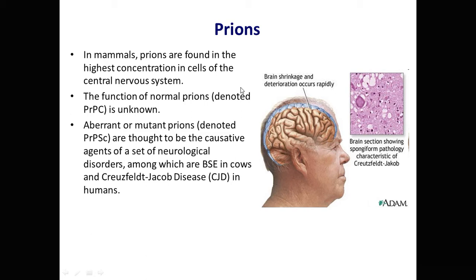The function of the normal prions is not well understood. They can be involved in some ion uptake, transport of some ions, and signal transduction processes, but the function is not very well defined.